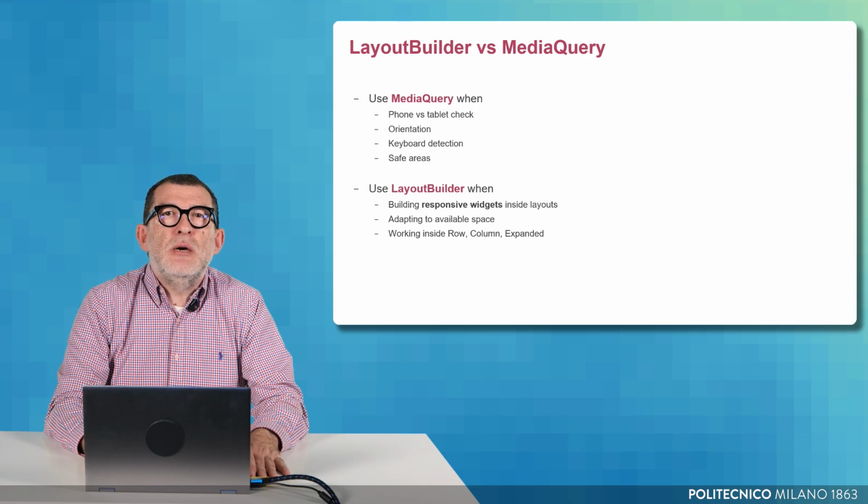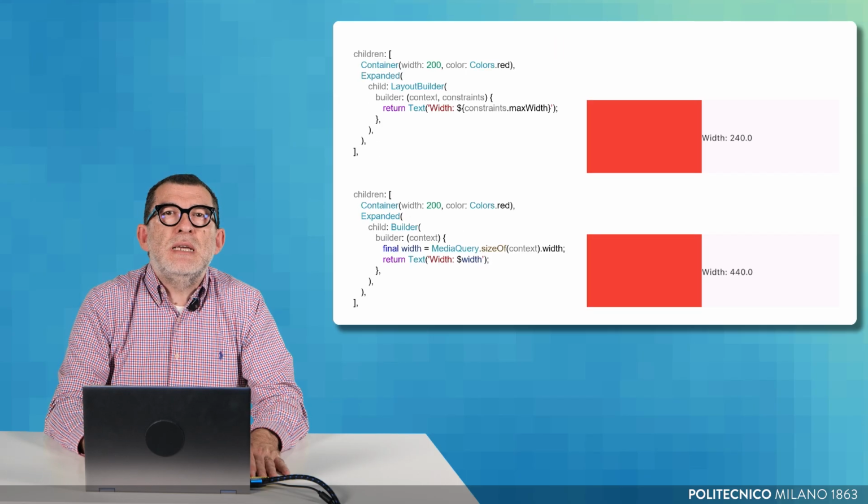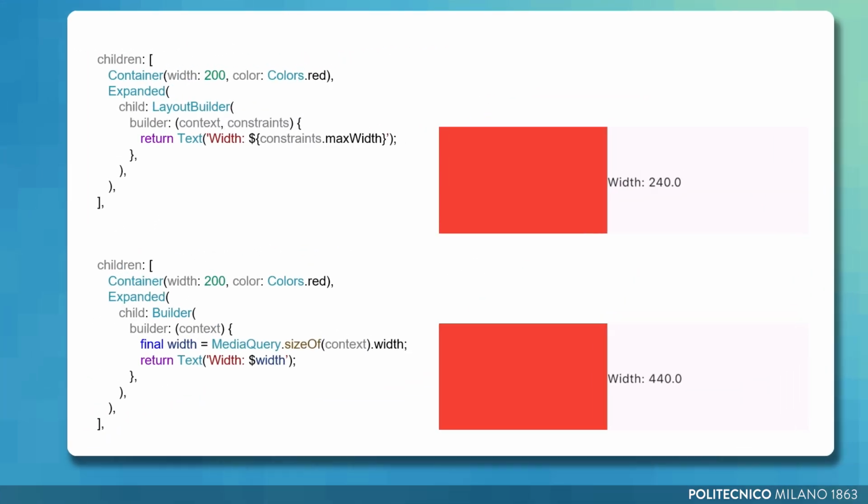In this case, we adapt to the available space provided by the parent widget. As we said, this is particularly useful when working inside rows, columns, or other layout structures, where the constraints may vary locally.